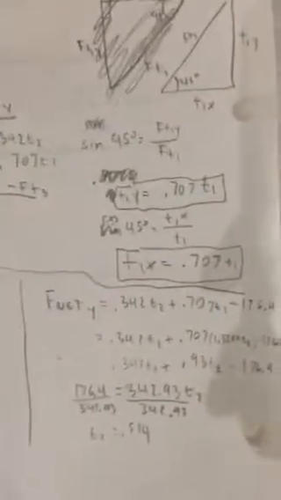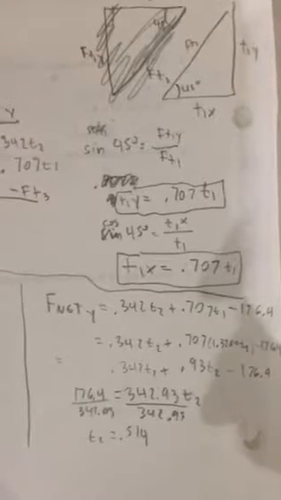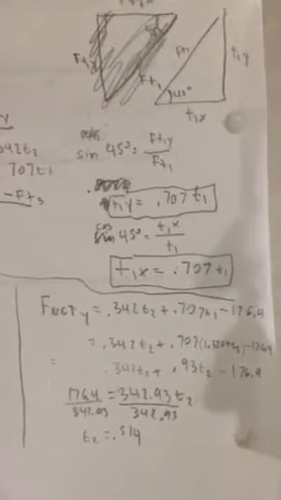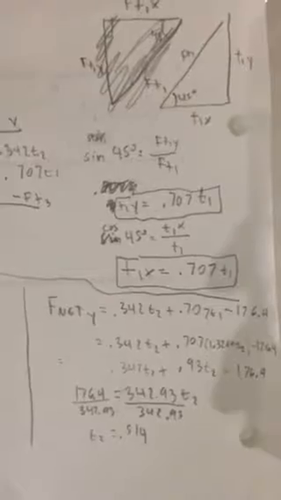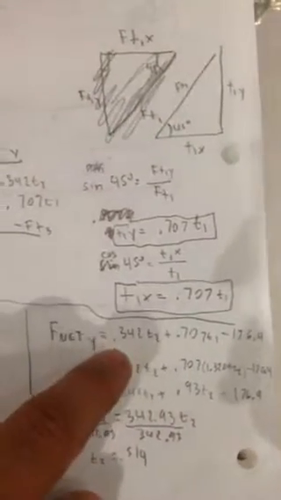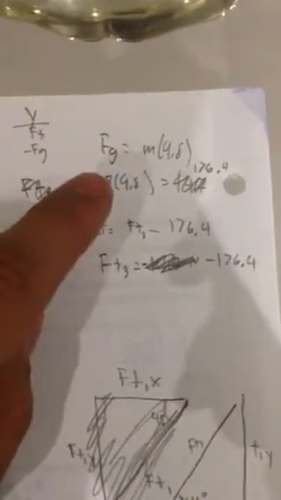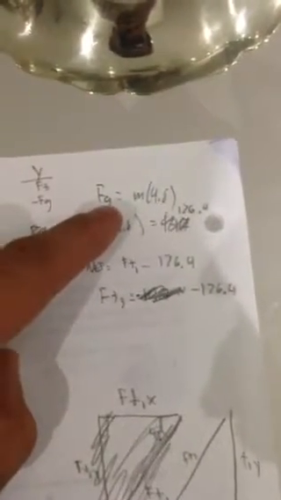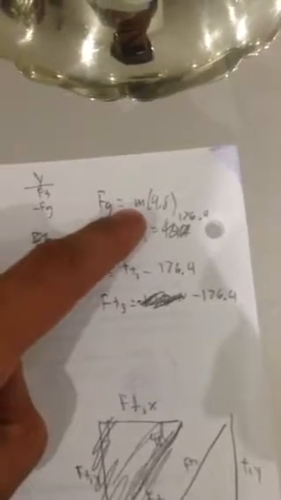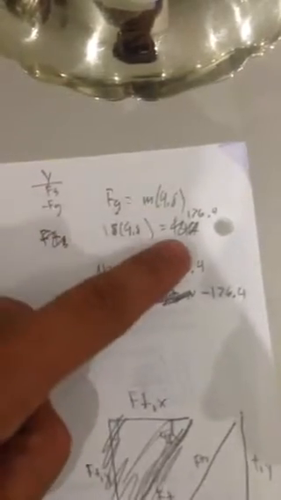After this, you do the net force of the Y direction. You do the same process. The different thing in this case is that you have to add the force of the third rope, which is this one, and you determine this force using the formula of force. The force of gravity is equal to mass times 9.8.